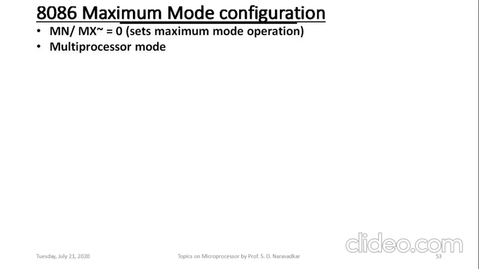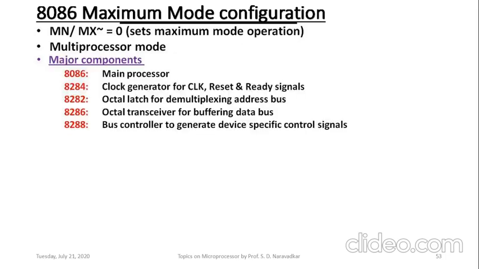Now what are the major components? Here is a list. The main CPU 8086, the main processor. Then on the left side is the 8284 clock generator for generation of clock, reset and ready signals. Then on the right side are the 8282 octal latches for demultiplexing of the address bus.